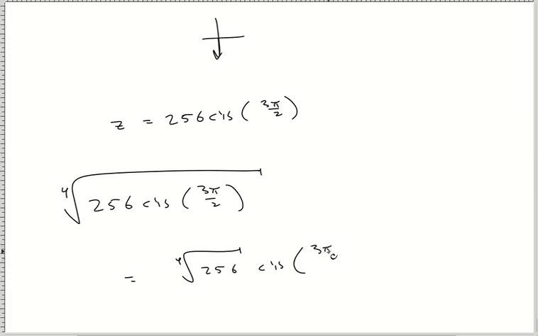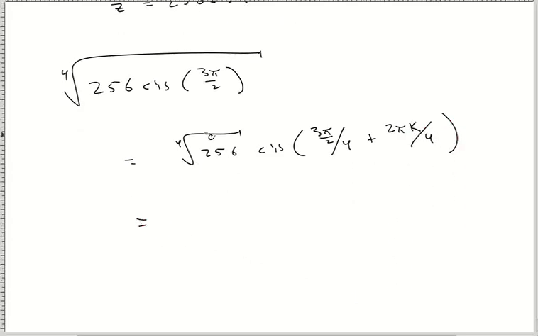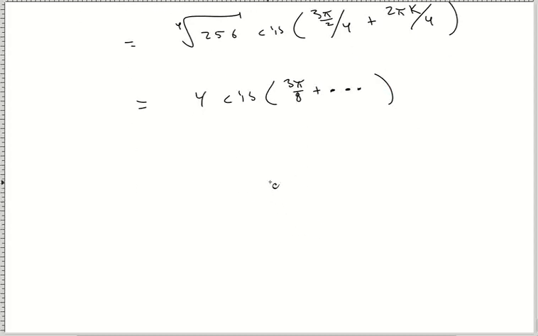So 3 pi over 2 divided by 4, and then I'm going to be adding that 2 pi k divided by 4, okay? Well, the fourth root of 256 is actually just 4. You can go to the calculator for that guy. And this guy here simplifies a little bit to 3 pi over 8. And then we're going to have some more stuff, plus something or other, blah, blah, blah. I don't want to go too far on that right now. I just want to make a point that we're starting at 3 pi over 8.